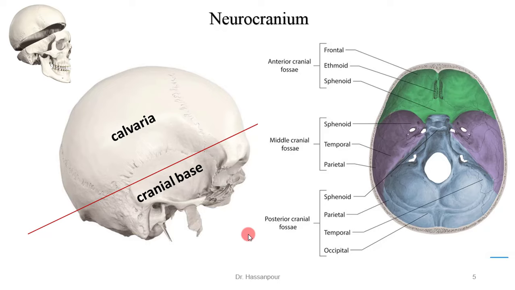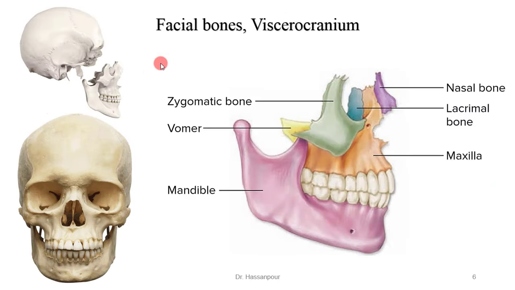Now let's move to the front of the skull again, where you can see the face. The facial skeleton or viscerocranium includes 2 nasal bones, 2 lacrimal bones, 2 zygomatic bones, which are known as the cheekbones, 2 maxillae, 2 palatine bones, 2 inferior nasal conchae, 1 vomer, and the mandible, which is connected to the skull via the temporomandibular joint.